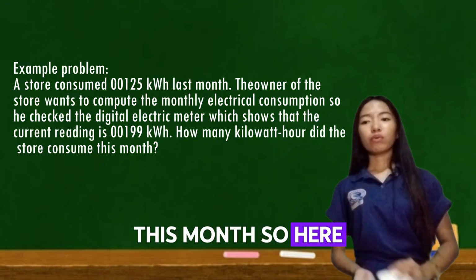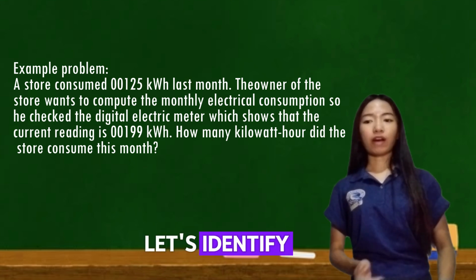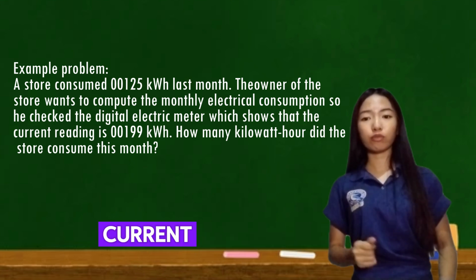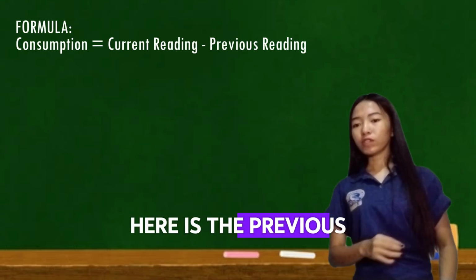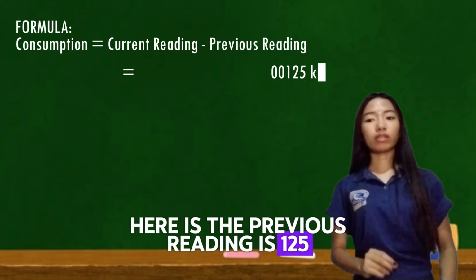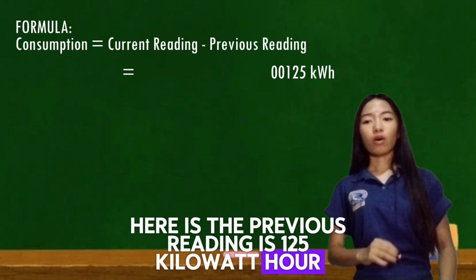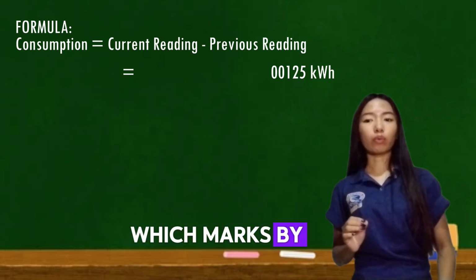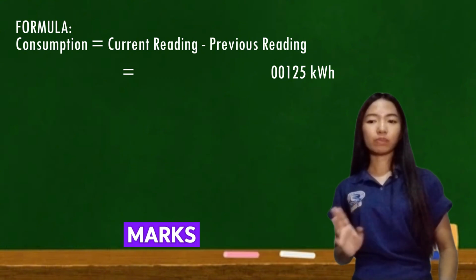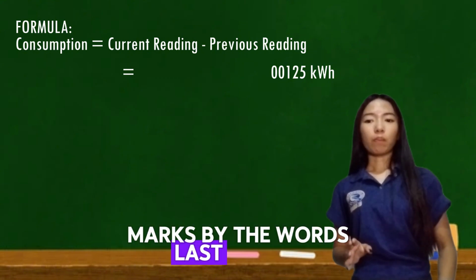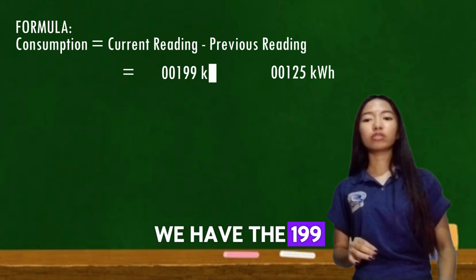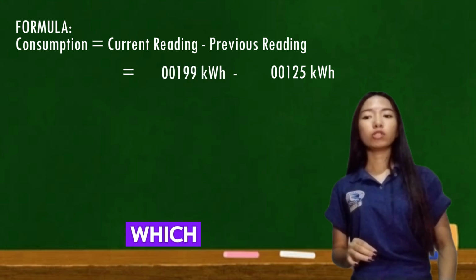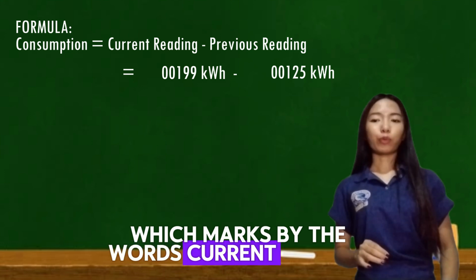So here, let's identify the current reading and the previous reading first. The previous reading is 125 kilowatt hour, which is marked by the words last month. And for the current reading, we have 199 kilowatt hour, which is marked by the words current reading.